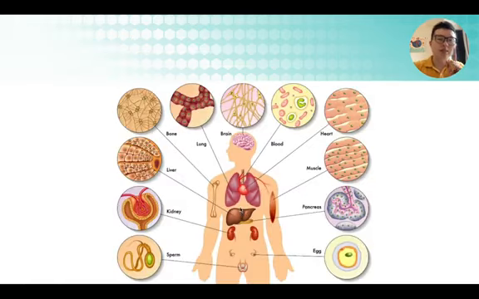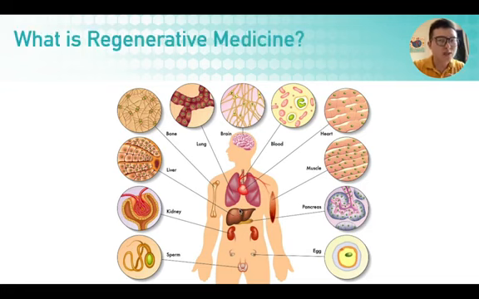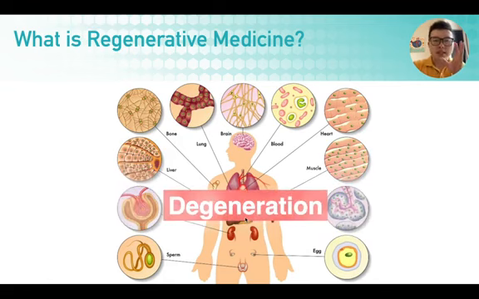So once you understand stem cell, you have to understand what is called regenerative medicine, because this is going to be a big topic for the years to come. In the first class, we talked about the 3 pillars of health, and most people disregard the degeneration of our organs.